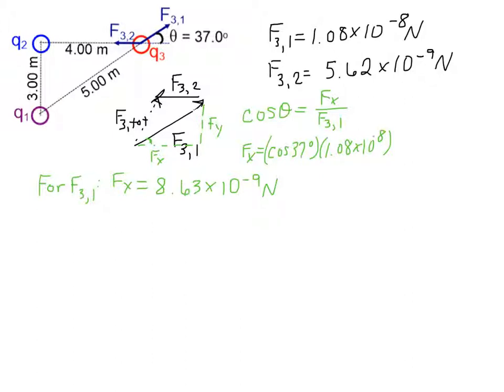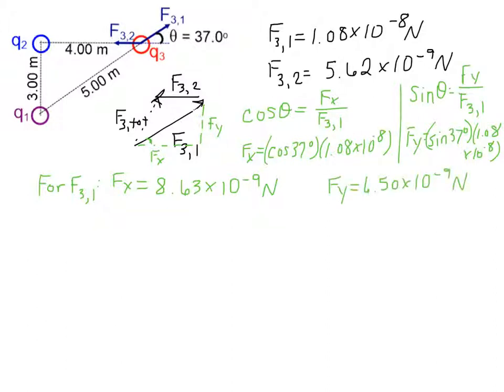Now I can find f of y, and sine of theta equals f of y over the force between 3 and 1. I can rearrange that equation and solve for f of y. And I get f of y equals 6.50 times 10 to the negative 9th newtons. These are the x and y components for this force vector.